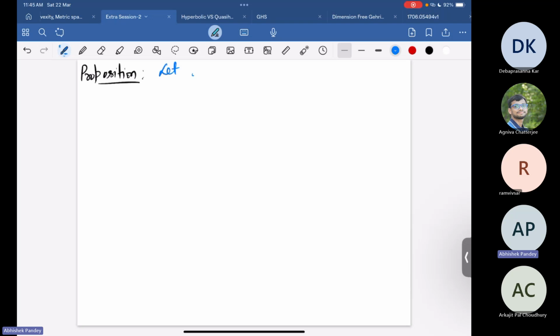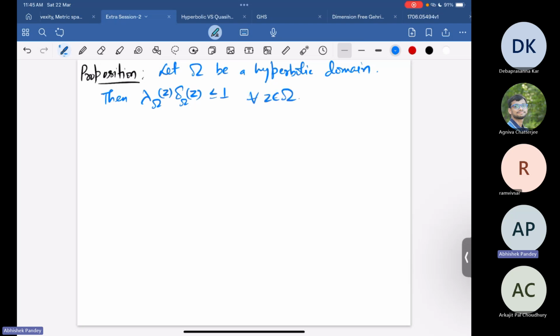Let omega be a hyperbolic domain, then lambda omega z into delta omega z is less than or equal to 1, for z belonging to omega.